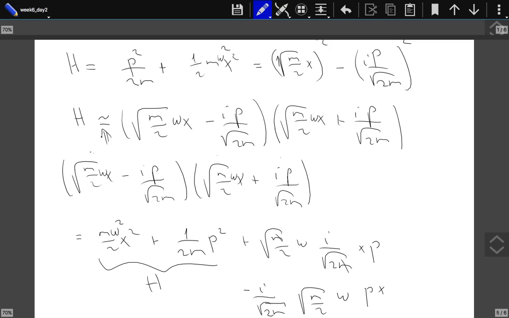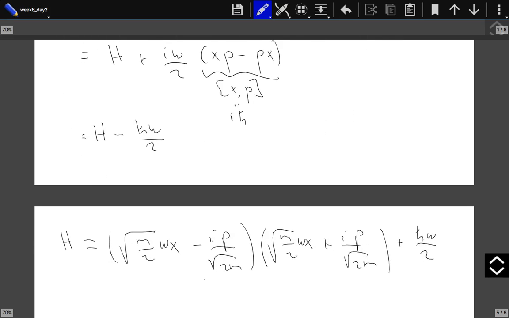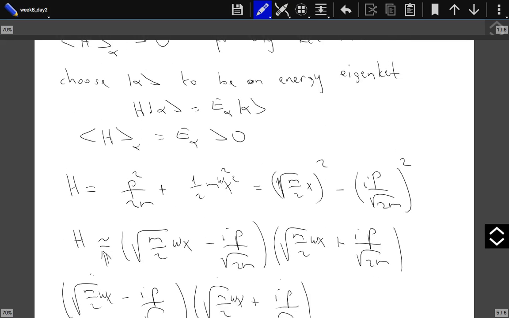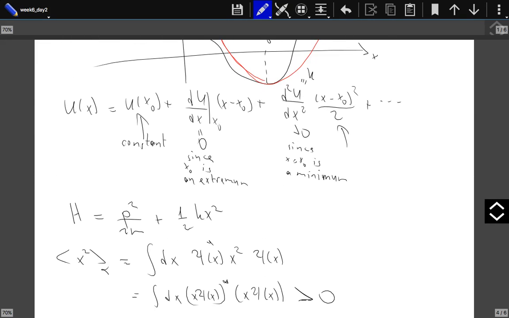Just to make sure, I multiplied out the parentheses, and it turned out not to be equal. Well, it's not really a big deal because it's just a constant. I could have just shifted my potential to set that constant to 0. You see, I already assumed that u of x0 is 0 in this expansion.